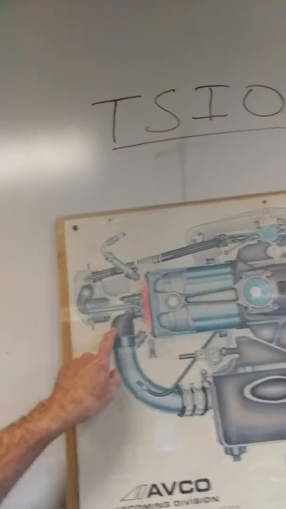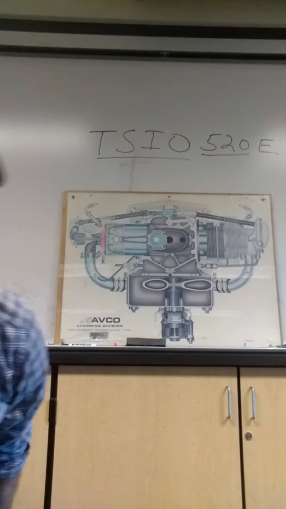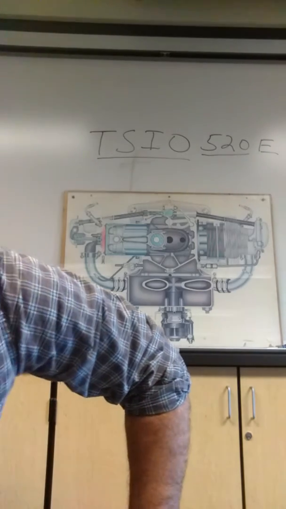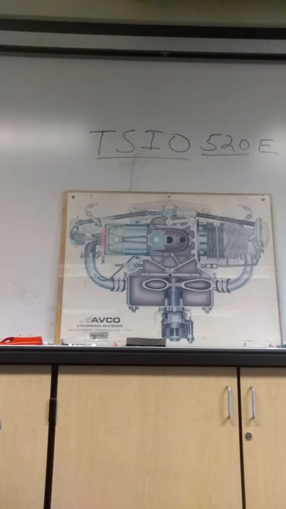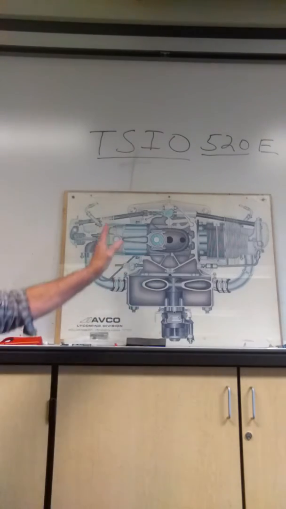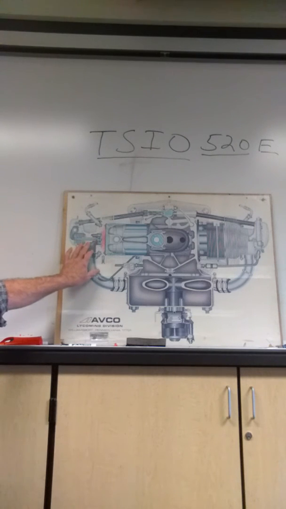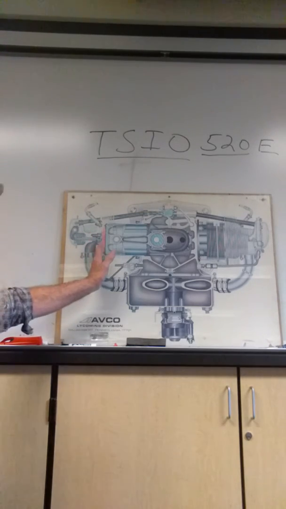The injection that's used on both Lycoming and Continental is what we call the continuous flow type fuel injection, meaning that whether that intake valve is open or closed, fuel is accumulating through the nozzle, spraying here and accumulating in the intake port, waiting till the valve finally opens when we're on that intake stroke.